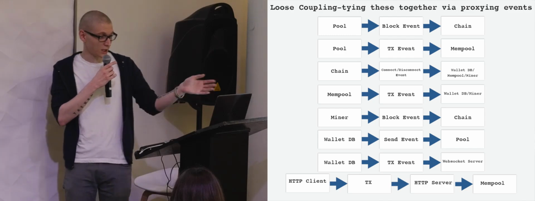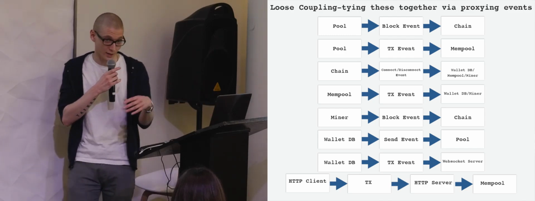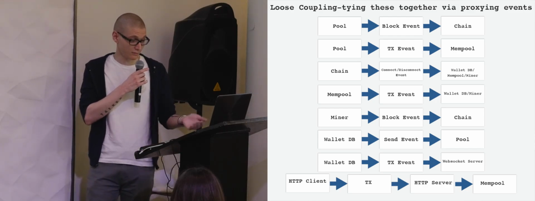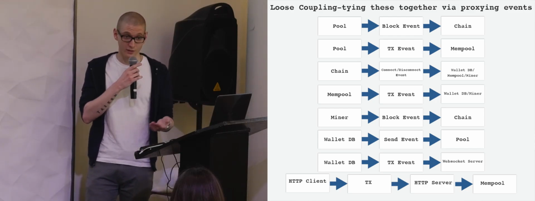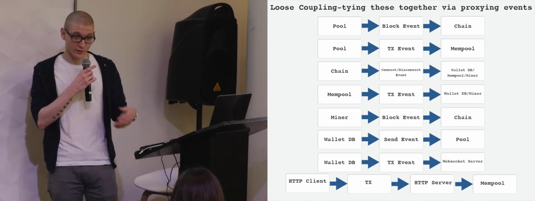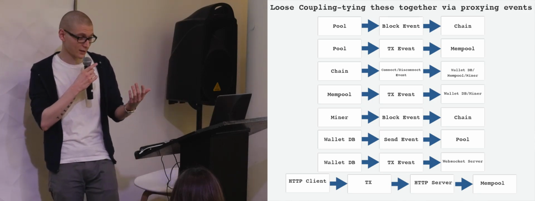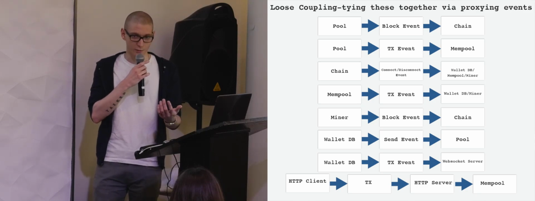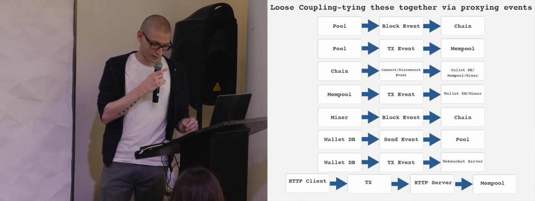Whenever the pool receives a block, it notifies the chain, receives a transaction, notifies the mempool, and so on. And then when the wallet data, you can also notify the WebSocket server. We have WebSocket events in this system, and it's all very uniform and it's all very clean, and it's very easy to reason about.